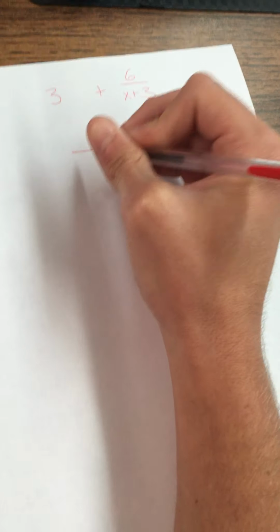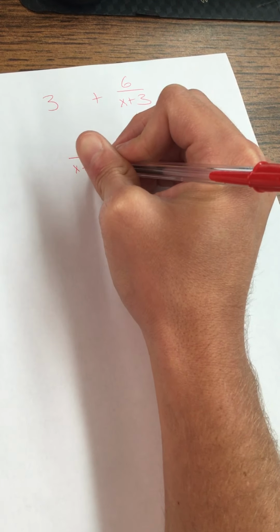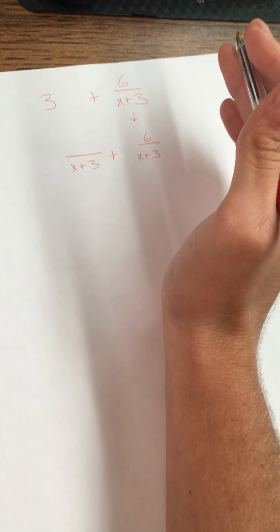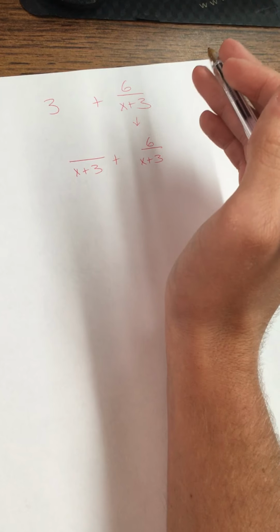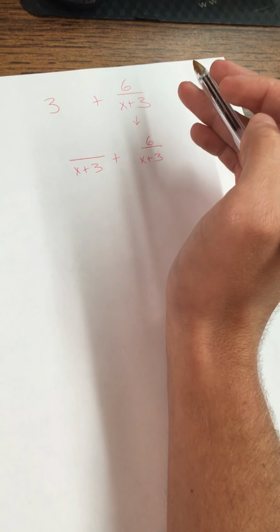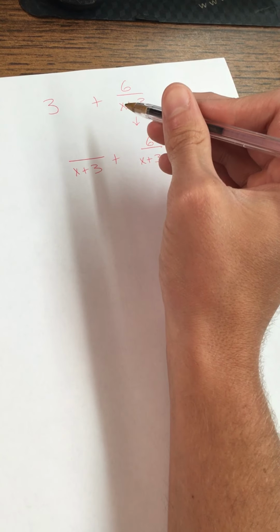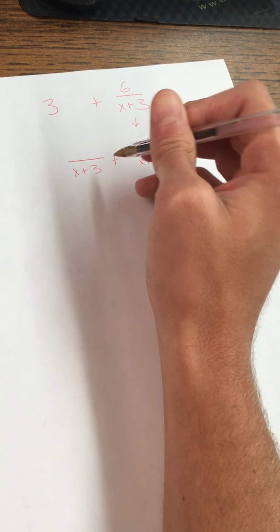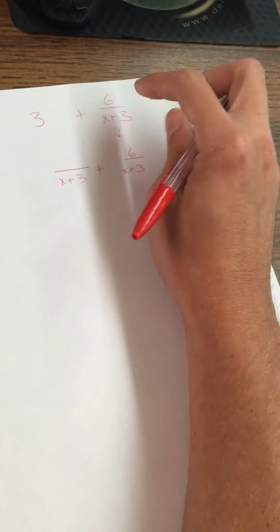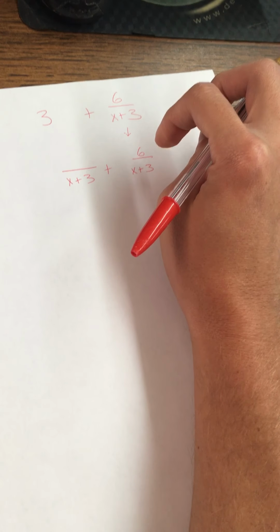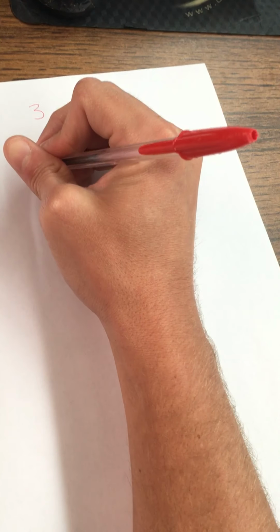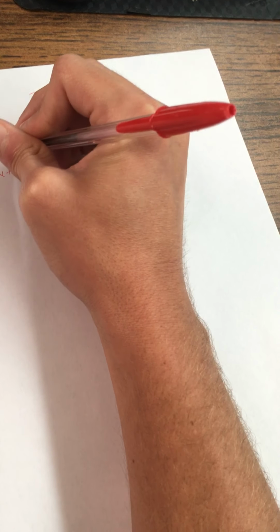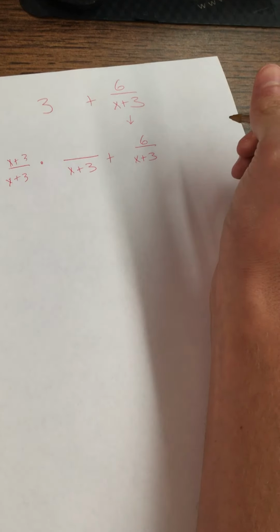Now over here, I don't know if you guys remember this from yesterday, but whenever you try to find a common denominator, whenever you bring one side down, the other side, you have to multiply the top and the bottom by the common denominator that you found, okay?